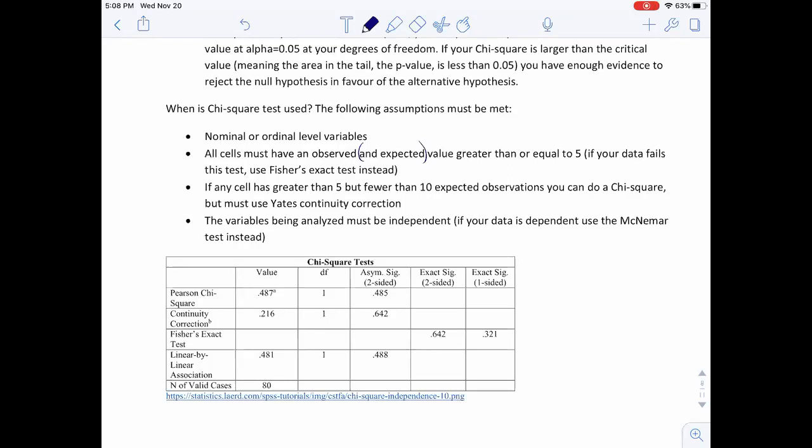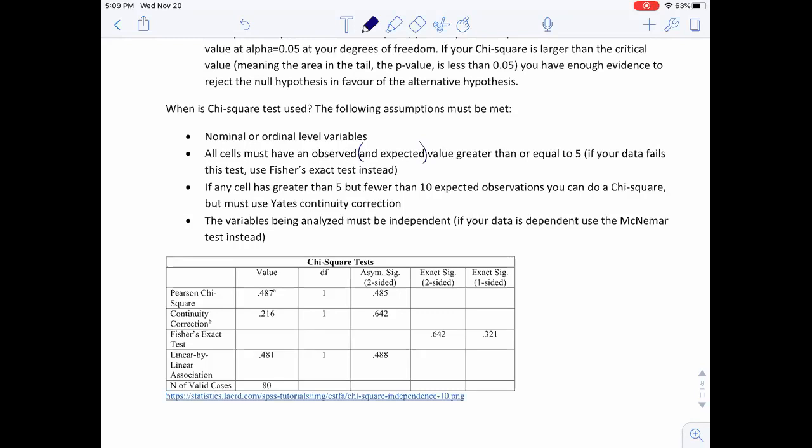So the last thing that you're going to check is, if I want to do a chi-squared, then my 2 variables that I'm analyzing have to be independent. If they're not independent, husband and wives, for example, sister, brother, those would be dependent.